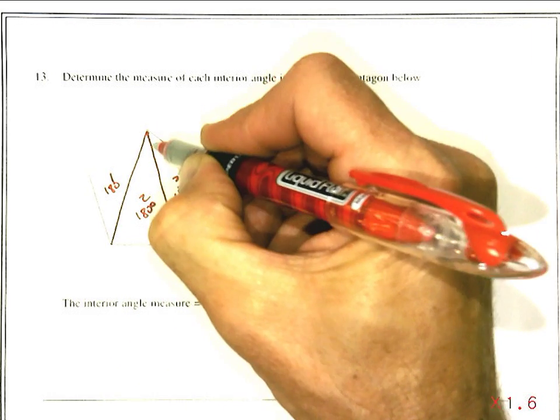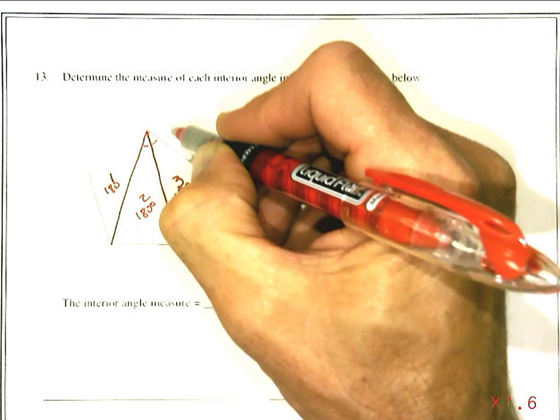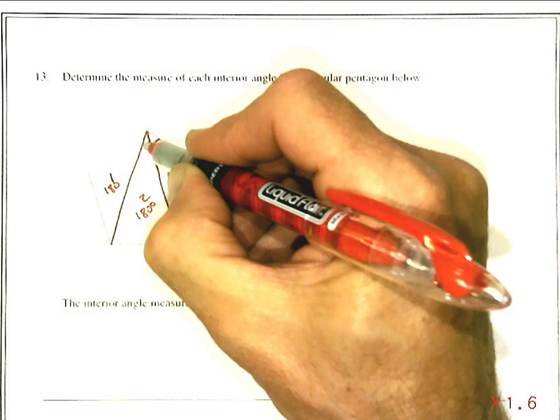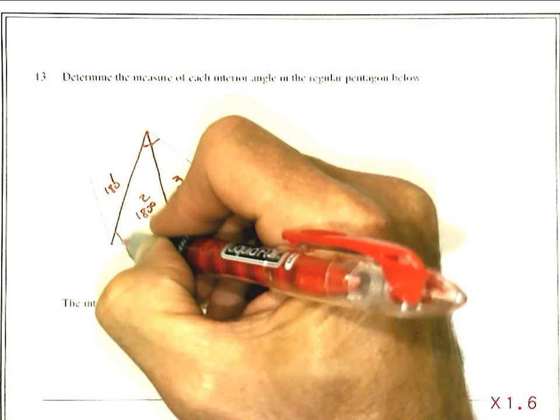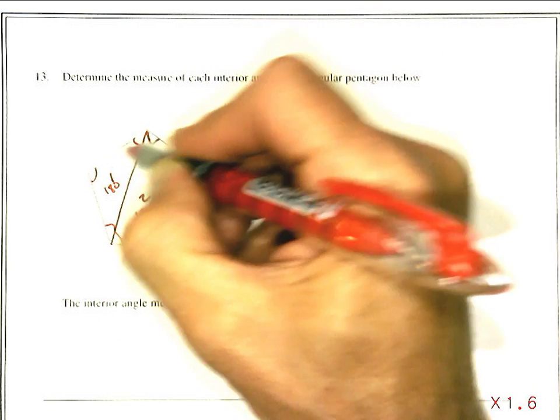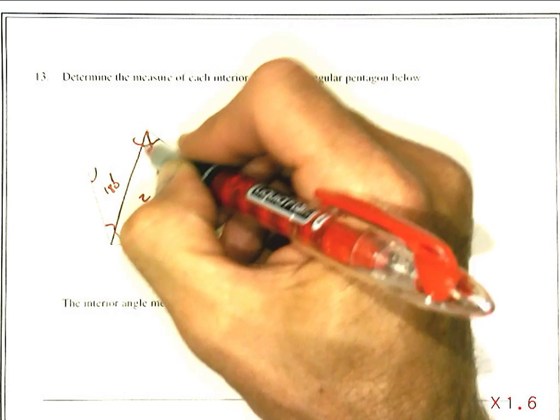In other words, if I measure that angle plus that angle plus that angle, that'll be 180 degrees. And then that one plus that one plus that one is 180 degrees. And that one plus that one plus that one. Anytime you take a triangle, you have 180 degrees.